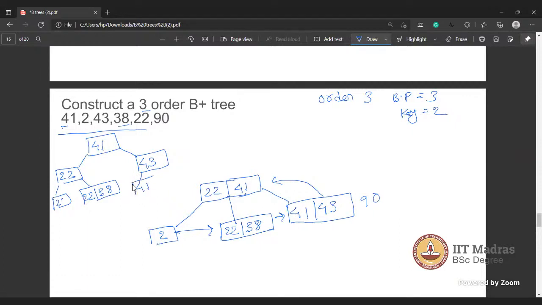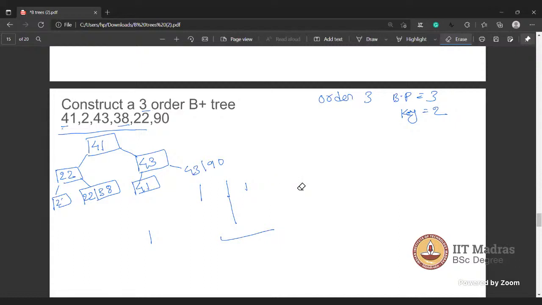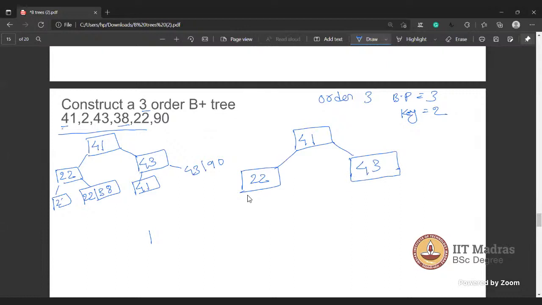Then 41. Then 43, 90. So let's draw in pair way. 1, 2, 3, 8.